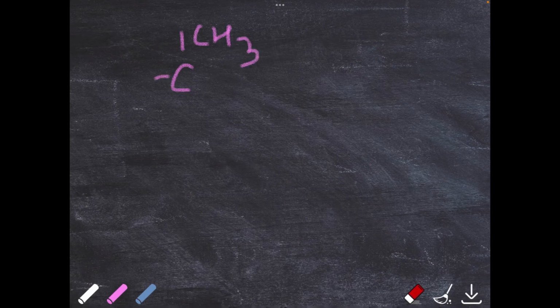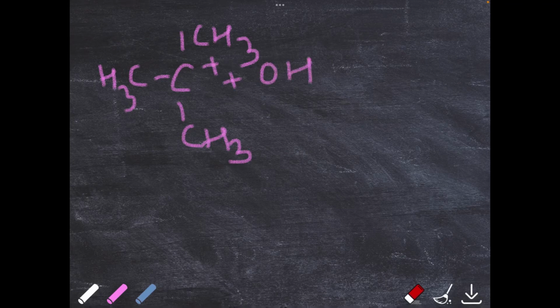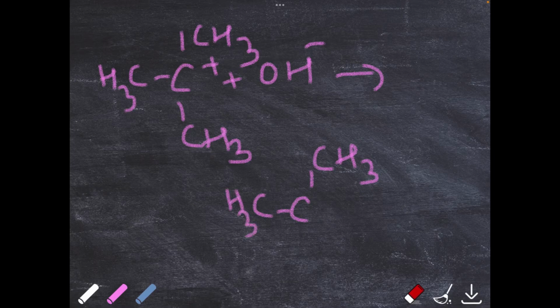If it attacks on the right hand side, the product is tertiary butyl alcohol.